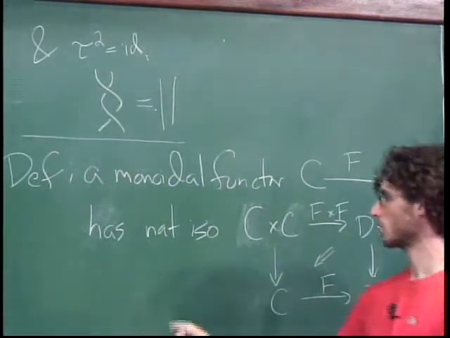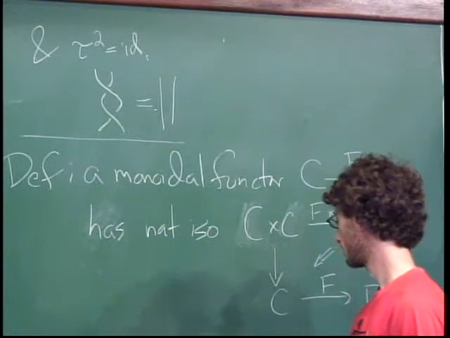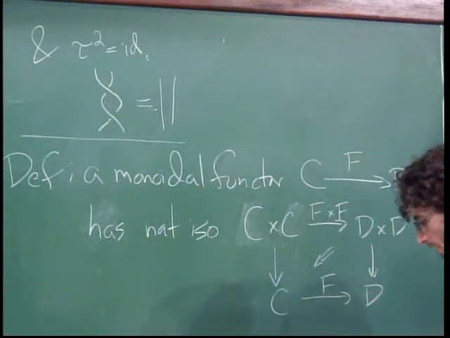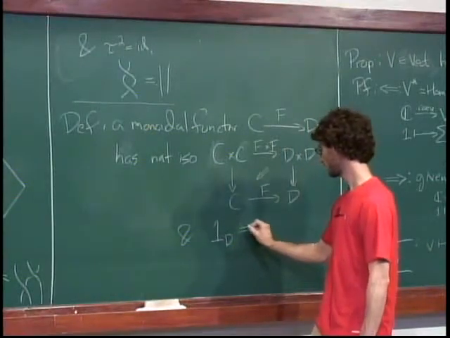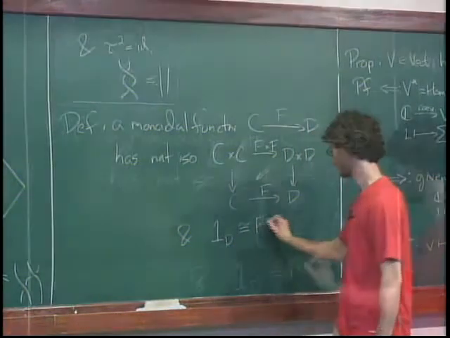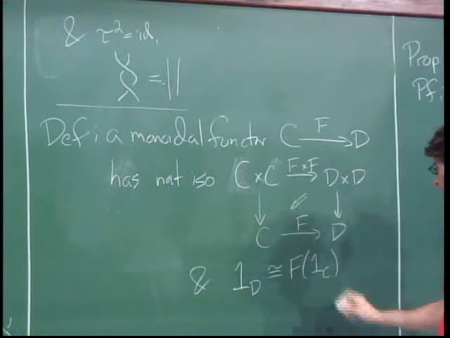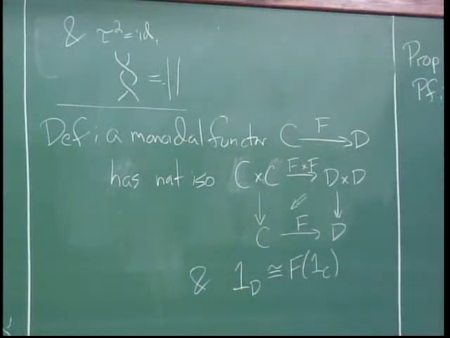But again, we want some more conditions, so we need to have a condition for the unit as well. So there's some unit in D, and we want a specified isomorphism between that and the image of the unit in C. So it's essentially saying that the functor preserves the unit.